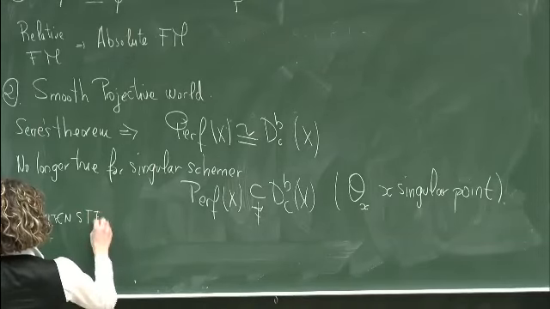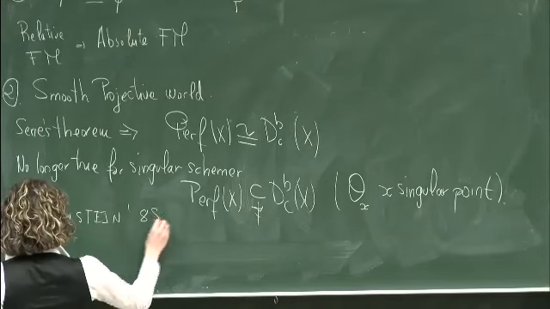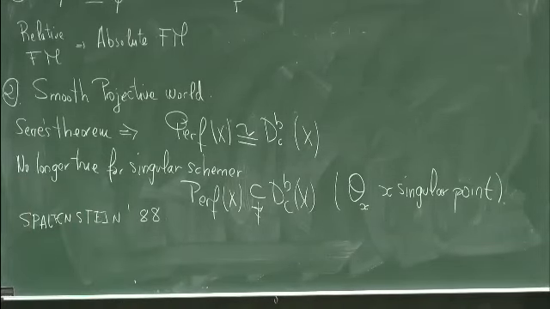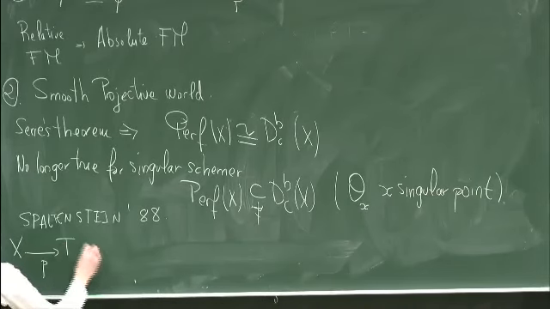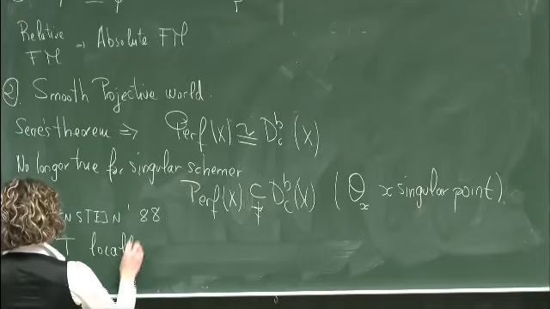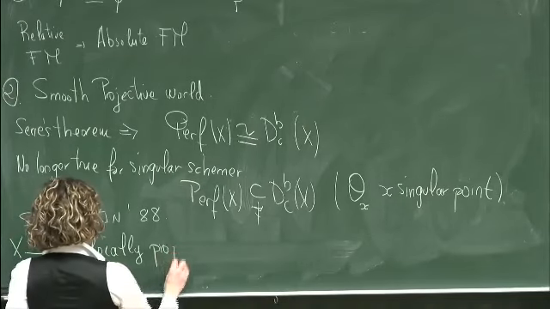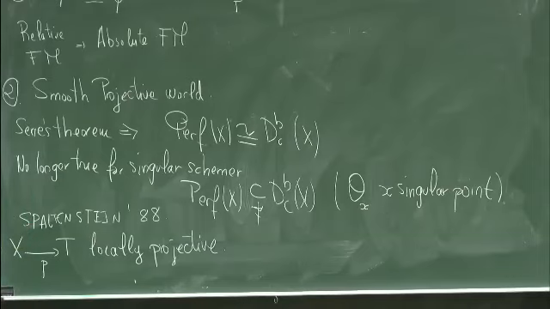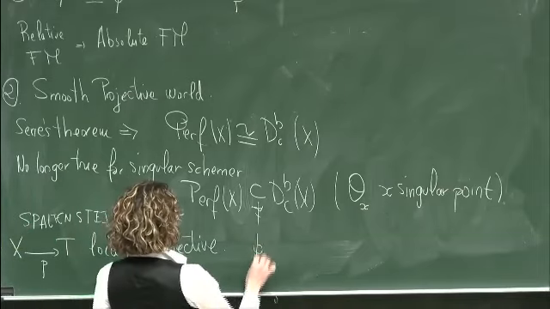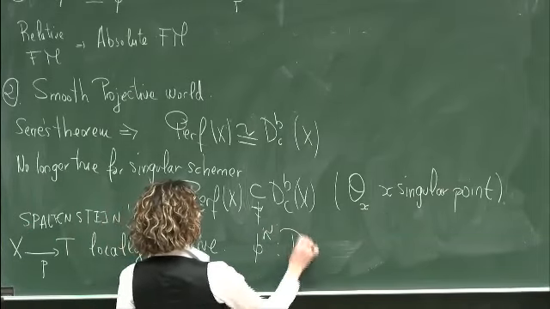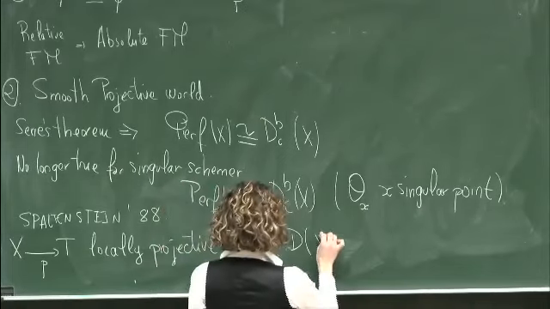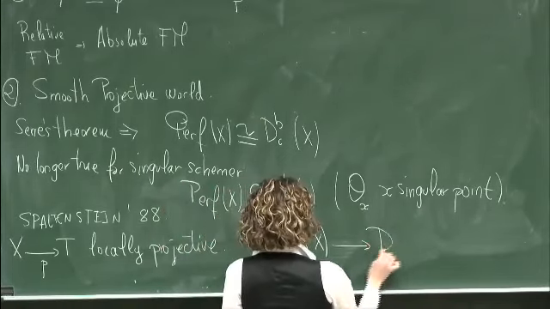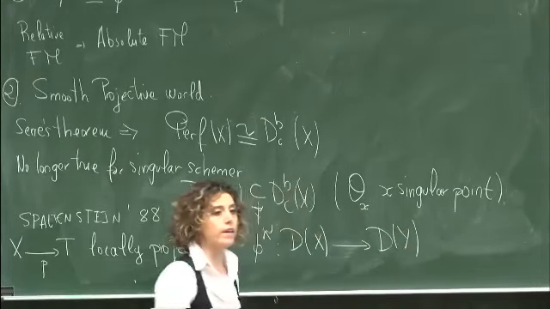We are working in 1988. And just assuming that your morphism in the first one is locally projective, you have that your functor in fact can be extended to a functor between the whole derived categories from D(X) to D(Y).